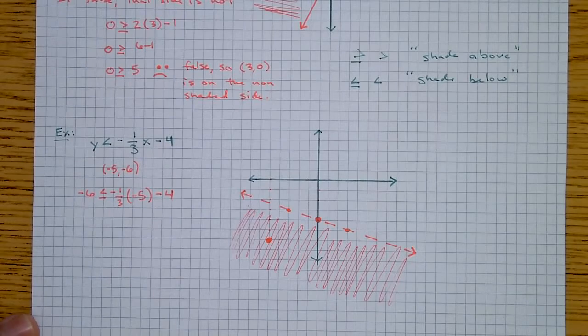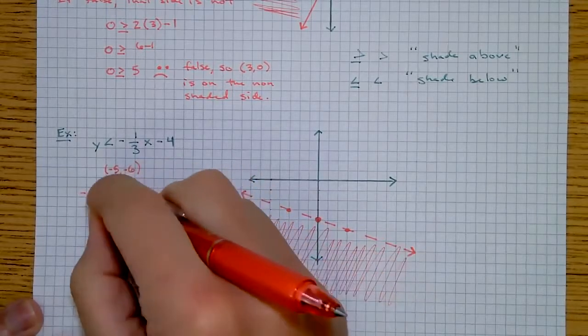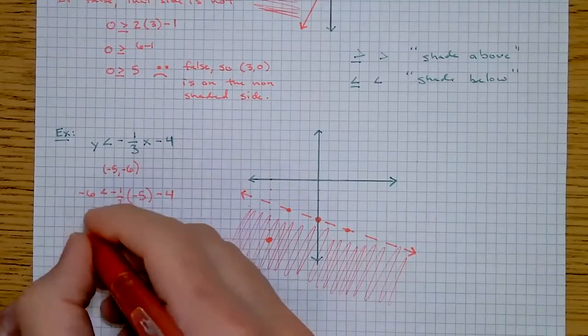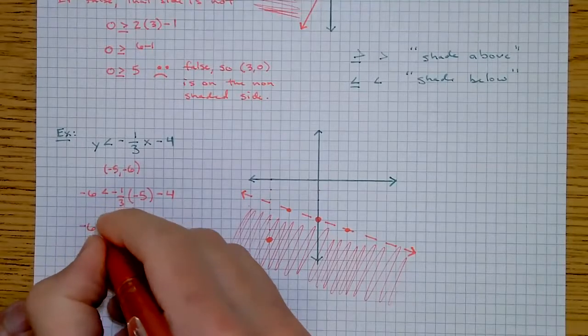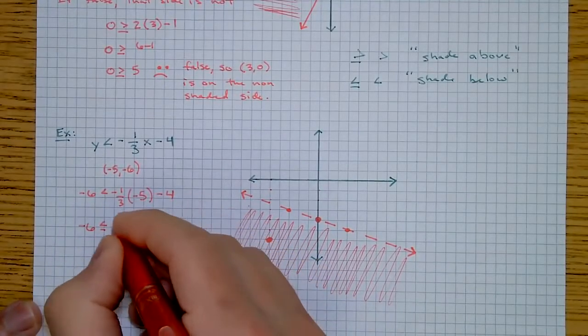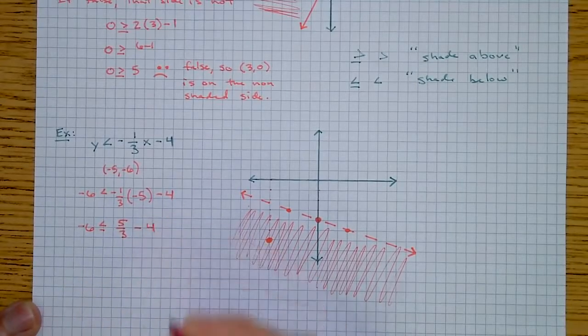So I get negative 6 is less than, not or equal to, just less than, negative 1/3 times negative 5 minus 4. Then this would become positive 5/3 minus 4.